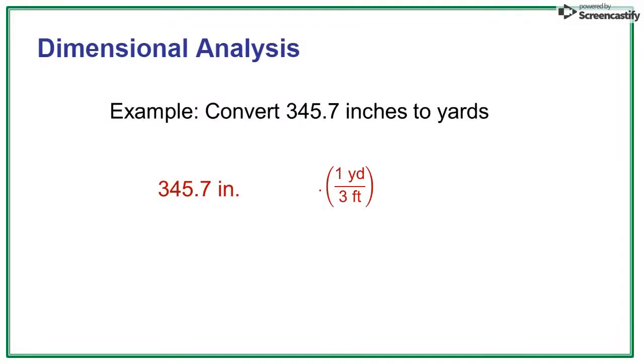Start with the given quantity. To convert from inches to yards, use two conversion factors. One conversion factor will convert inches to feet. The second conversion factor will convert feet to yards. Then perform the calculation. The result is in yards.